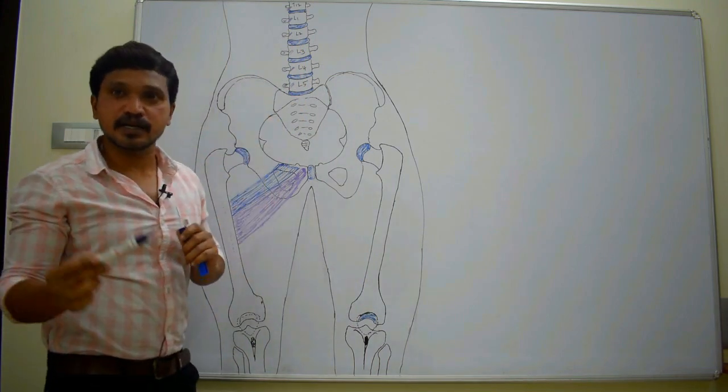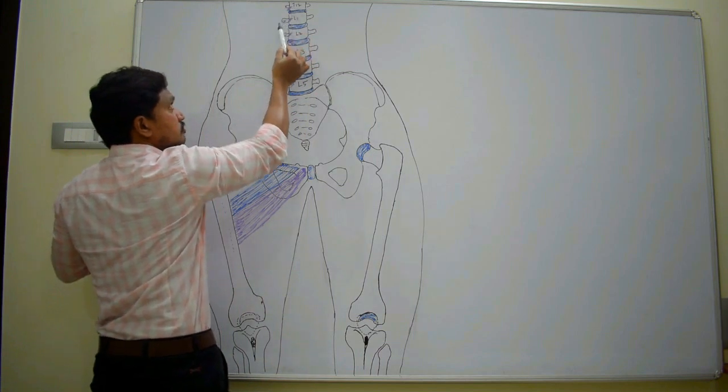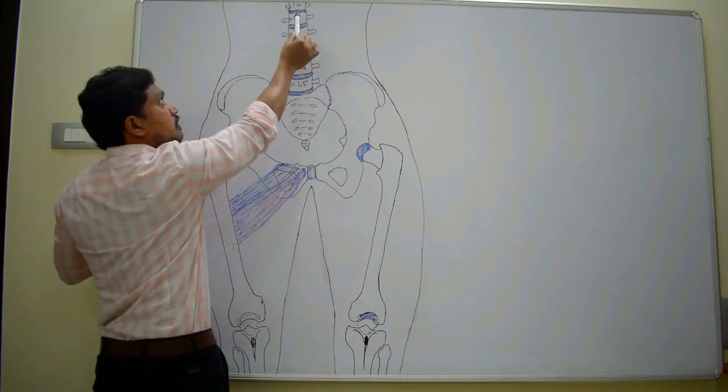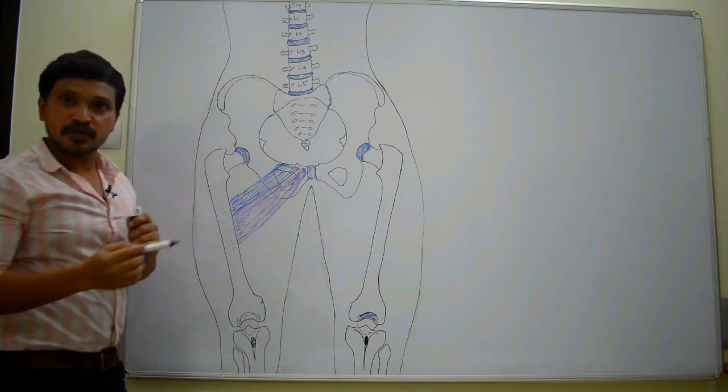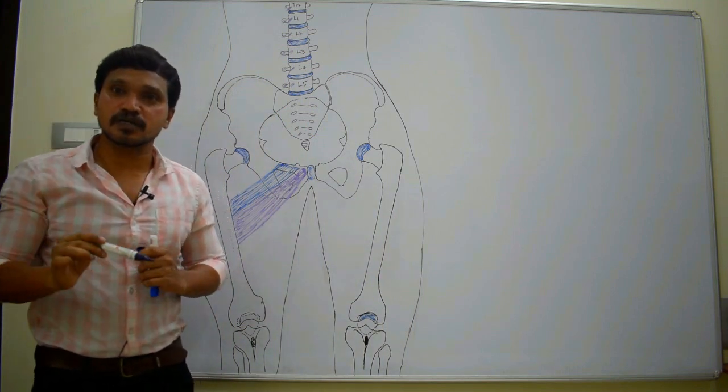I am not going into detail, you remember this much, that is sufficient. From there, the muscle is taking origin. What is that muscle? Psoas major muscle.